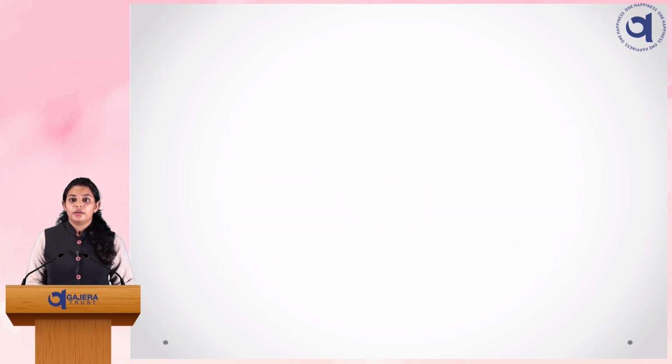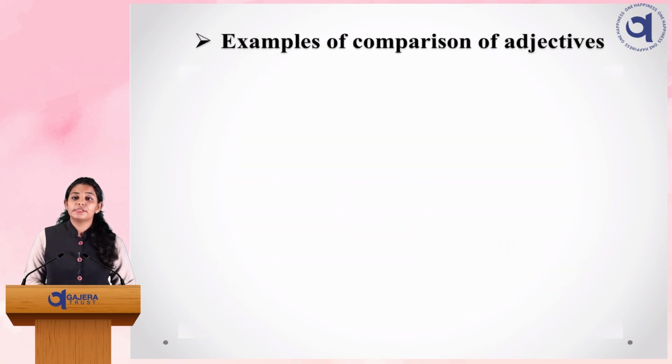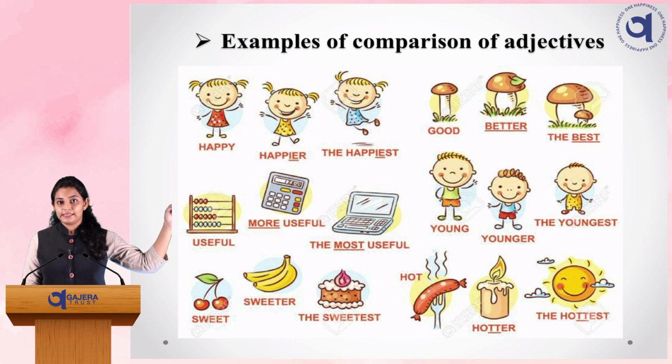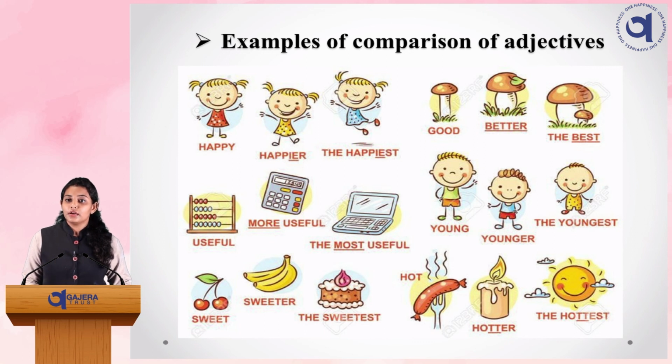Now here there are some examples of comparison of adjectives. So here students you can see happy, happier, happiest, useful, more useful, most useful, sweet, sweeter, sweetest, good, better, best, young, younger, youngest, then hot, hotter, hottest.